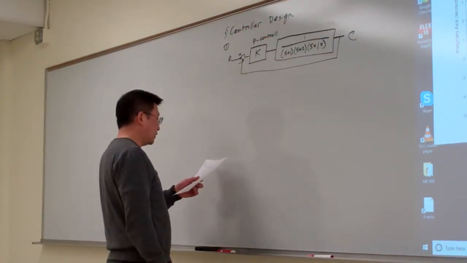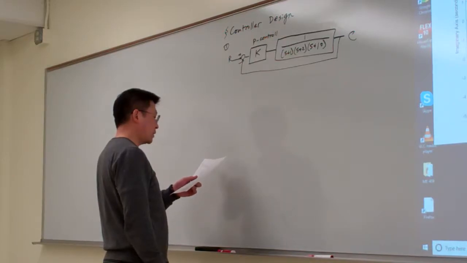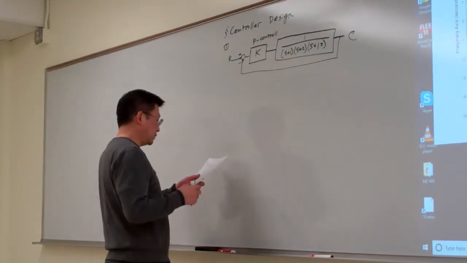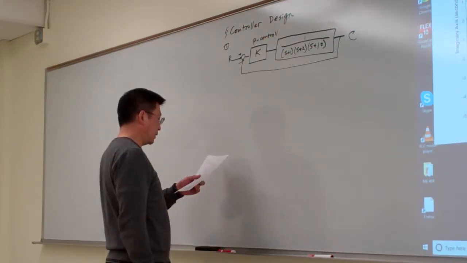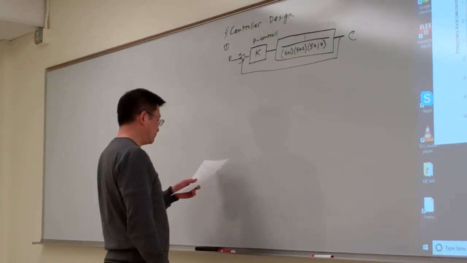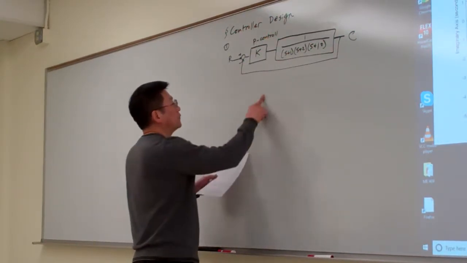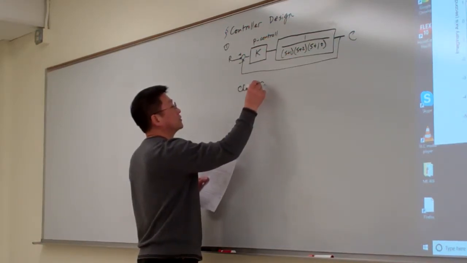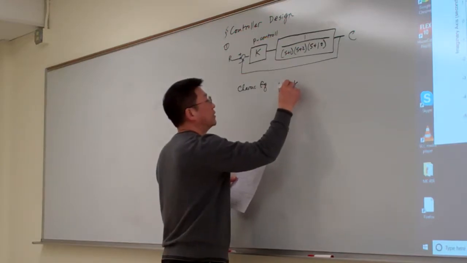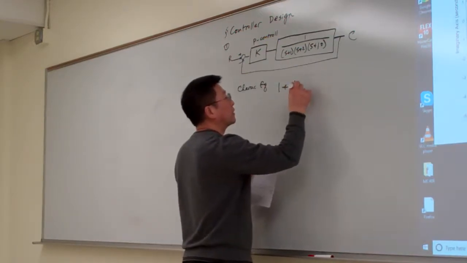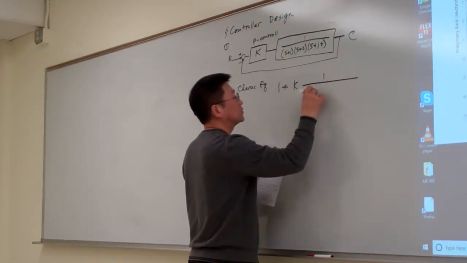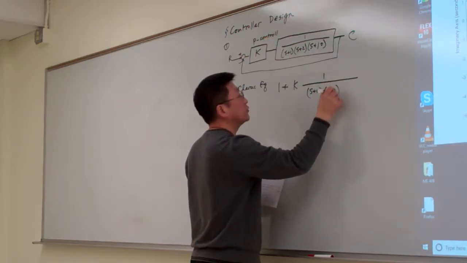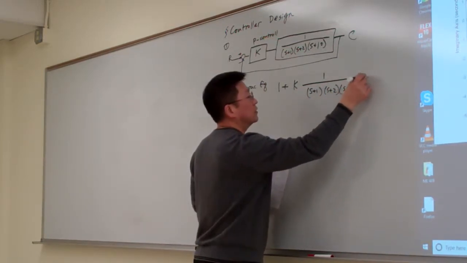So now for this case, we want to determine the characteristic equation, which is 1 plus K times 1 over (s+1)(s+2)(s+10) equal to 0.